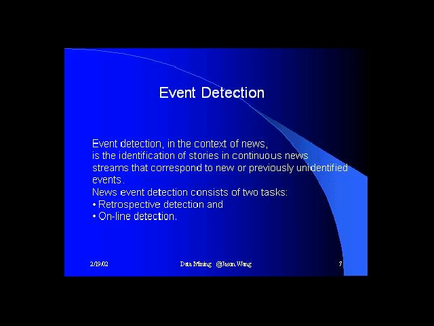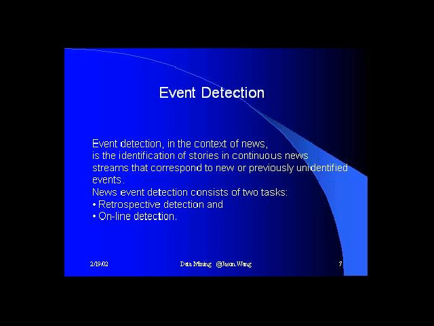The next text mining task is event detection. Event detection in the context of news is the identification of stories in continuous news streams that correspond to new or previously unidentified events. News event detection consists of two tasks: retrospective detection and online detection.